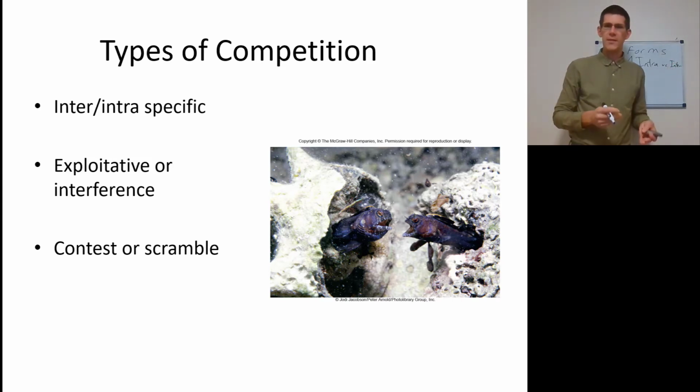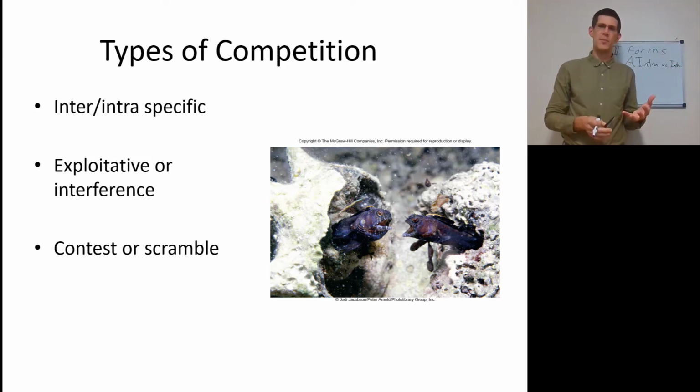Here you have two blennies, and what you see is each blenny is occupying a small bit of coral and snapping at the nearest blenny to try to keep their own little area secure. That's intraspecific. Now, they probably compete with shrimp or something like that for coral, so that's interspecific competition between species.